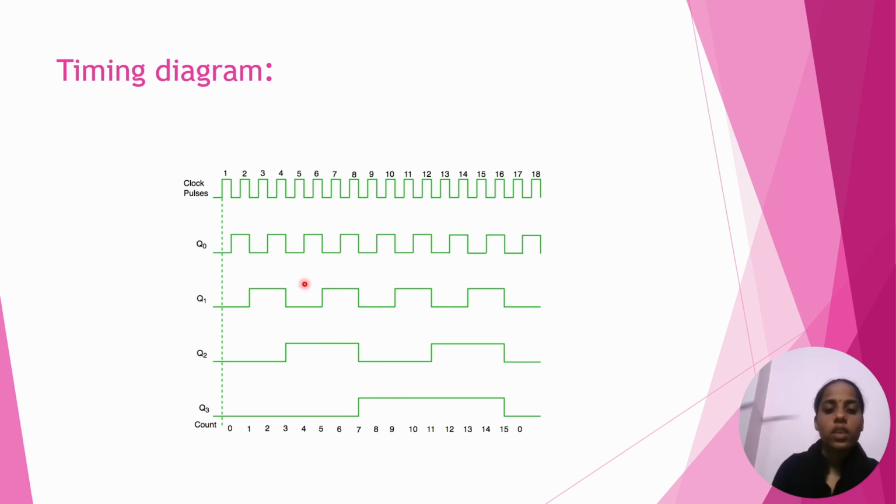First we saw what asynchronous and synchronous counters are. Next, the circuit diagrams of synchronous and asynchronous counters, and also the timing diagrams of these two counters. Both synchronous and asynchronous counters can be used for up counting, down counting, and with either positive edge or negative edge. This is all about counters.